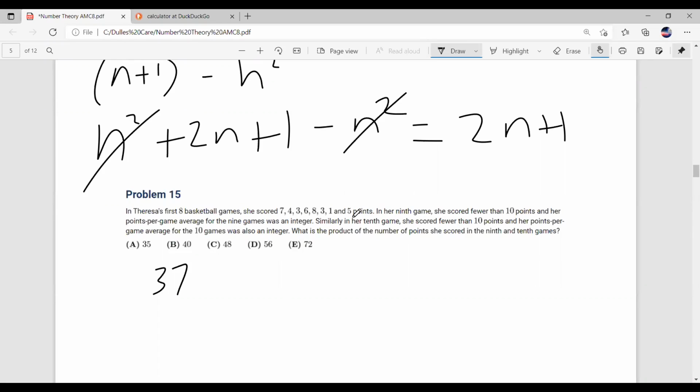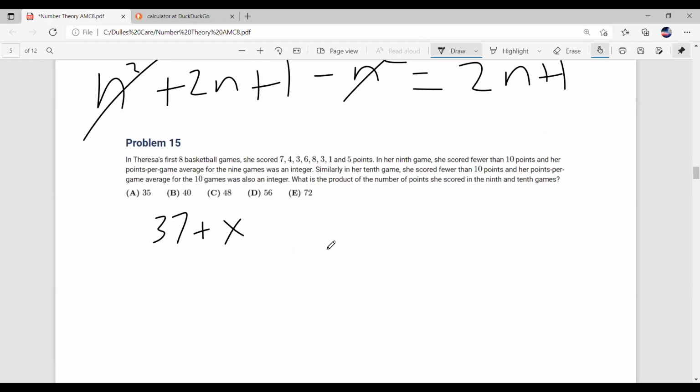So in her 9th game, let's say that she scores X amount of points. So 37 plus X, and we know that X is less than 10, by the way. 37 plus X is equal to some integer, let's call it N, times 9. So basically this means that 37 plus X is some multiple of 9.